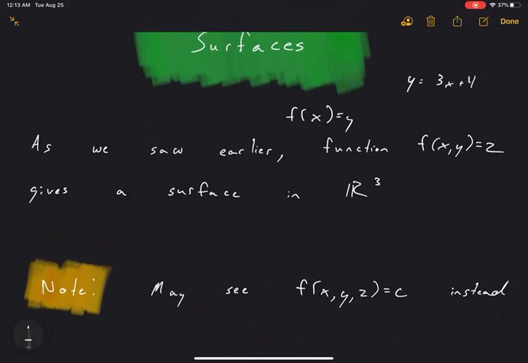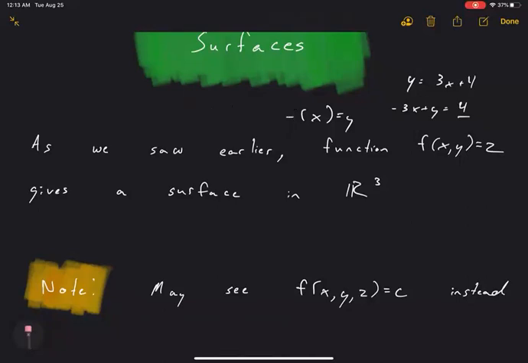But sometimes I would move all my variables to one side, and I would have a constant on the other side. So we could rewrite the equation f of x equals y as f of x, y equals a constant c.